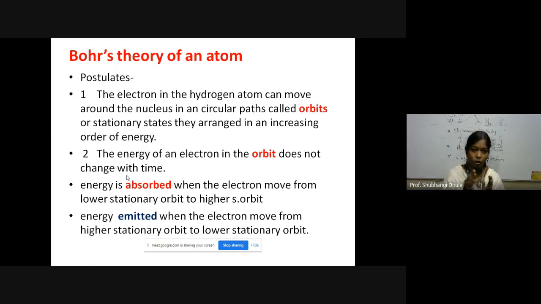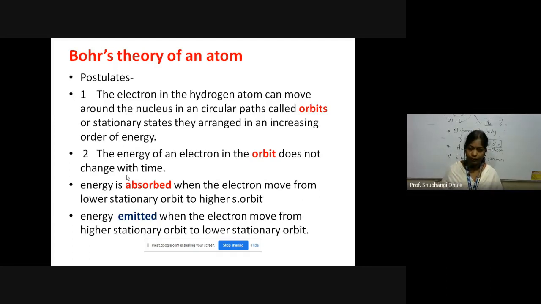They are arranged in the order of increasing energy. When we go away from the nucleus, the energy of the orbit goes on increasing. These are called stationary states or energy states. Now the second postulate is that the energy of the electron in the orbit does not change with time.